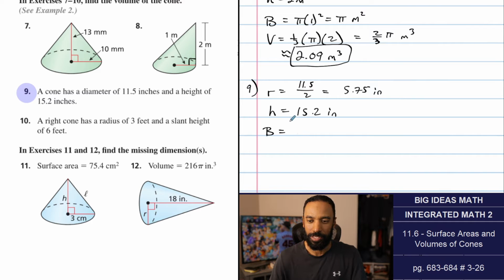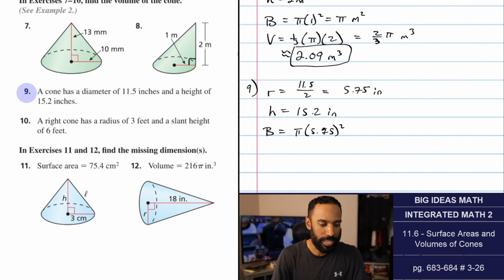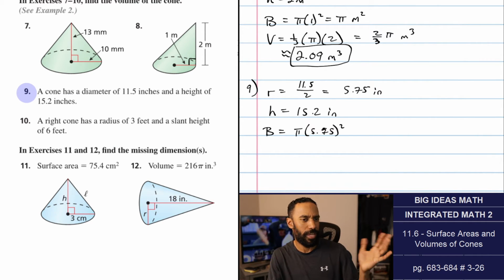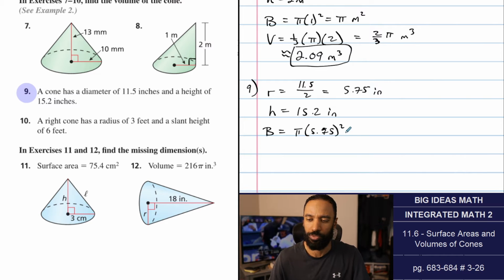Area of the base, this is like the given stuff. Area of the base is pi r squared. So 5.75 squared. You got me. It's less than 36 is all I know. Close to 34, 33, 33.0625. This is multiplied by pi.